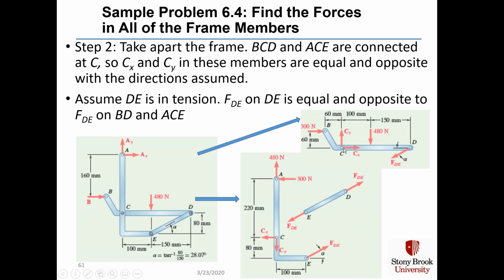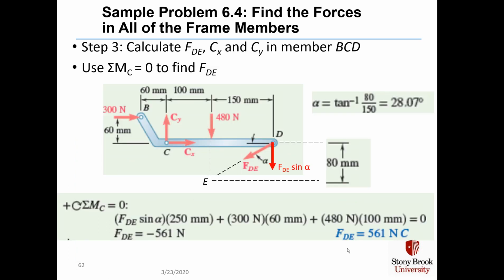In member BCD, we show C sub y going up and C sub x to the right, and in member ACE, we show equal and opposite: C sub x goes to the left and C sub y goes down. We're also going to assume that F sub DE on member DE is in tension, which we show by having the arrows pull on that member. Now we calculate F sub DE, C sub x, and C sub y.